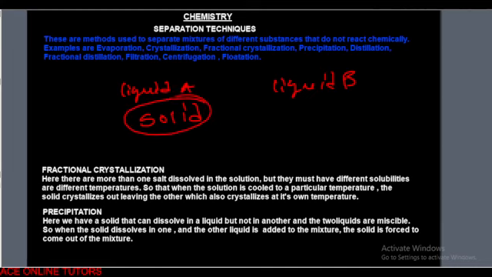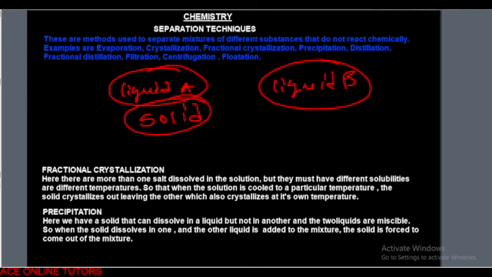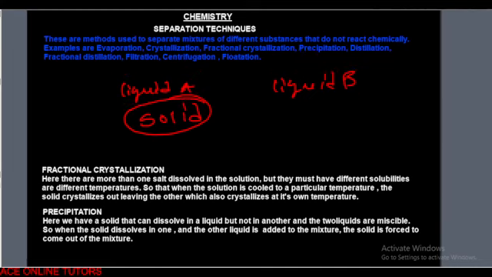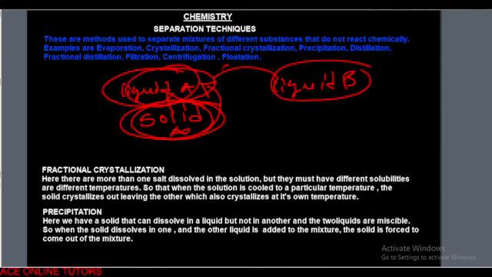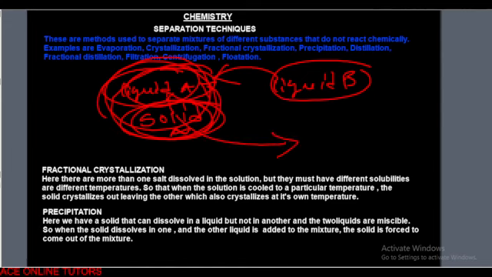We are going to have a solid that can dissolve in liquid A, but it cannot dissolve in liquid B. When this solid mixes with liquid A and we want to remove it from liquid A, we just look for liquid B and pour it inside the mixture so that this solid will now come out.